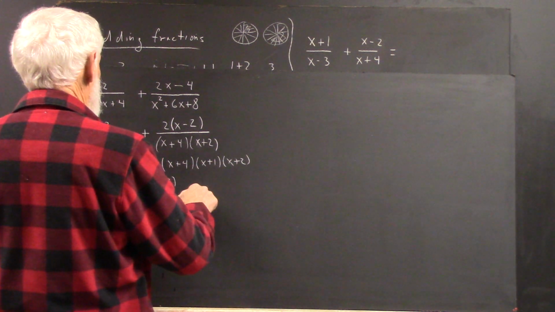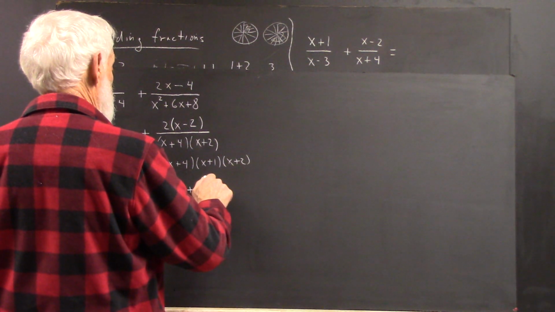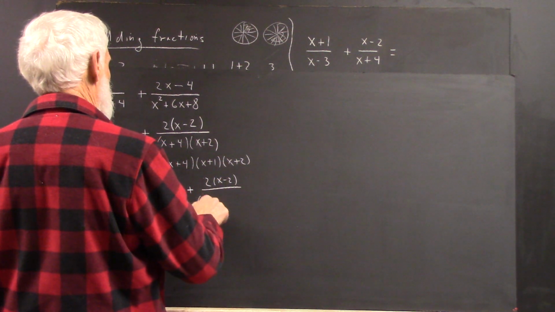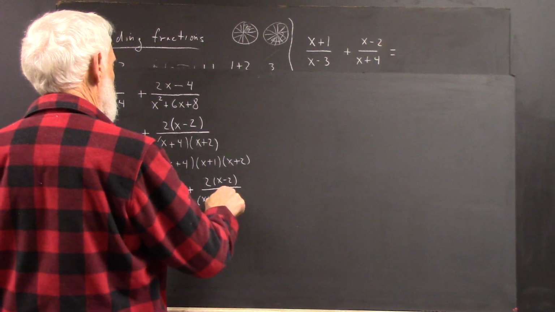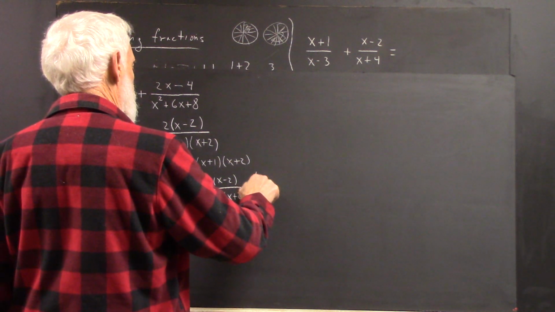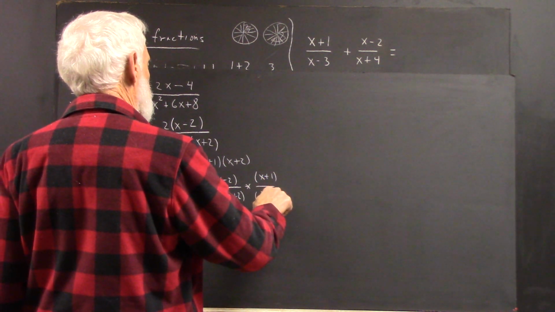So we'll have a completely equivalent term. Okay, so then we have the 2 times x minus 2 divided by x plus 4 times x plus 2. And we're going to have to multiply that by x plus 1 over x plus 1.